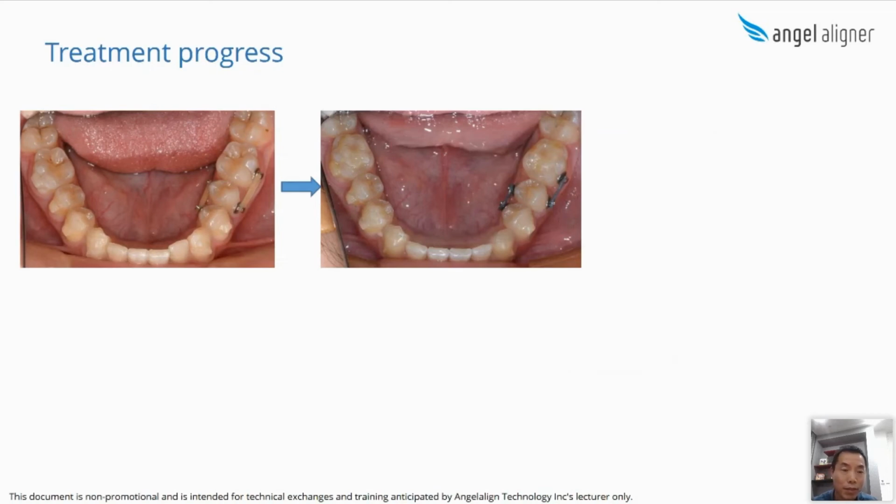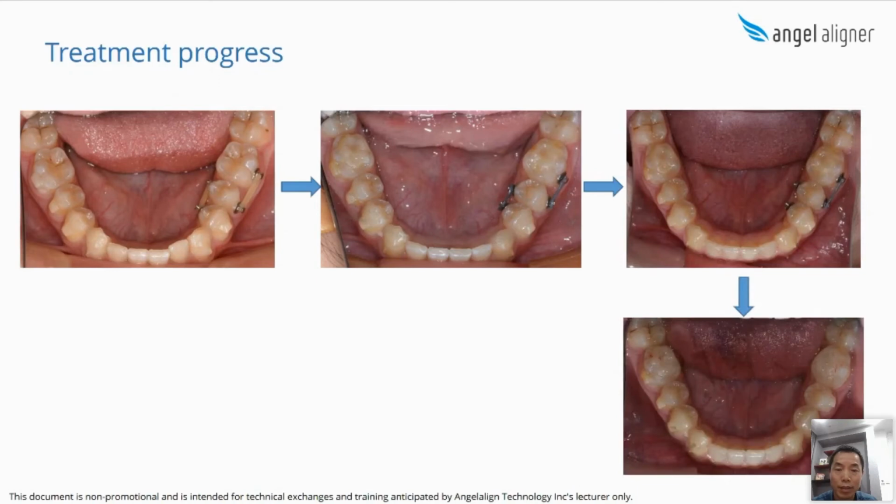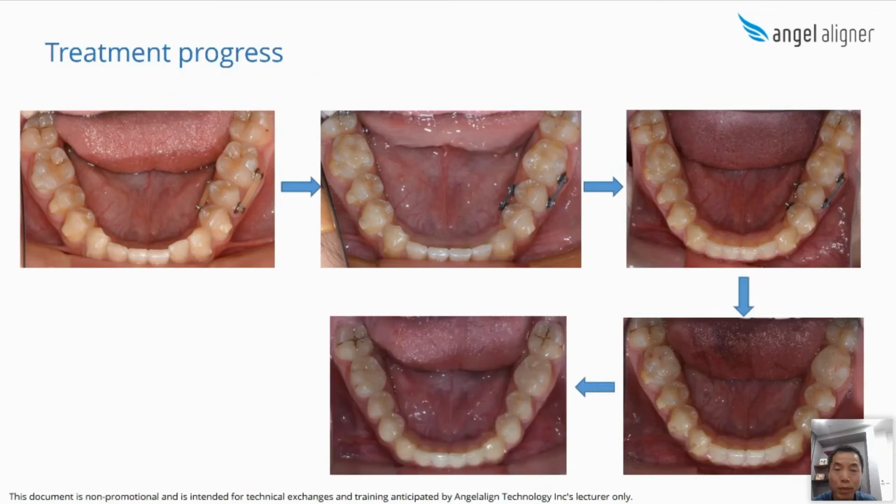This can be replaced by the patient. This has to be placed by the doctor. This is after treatment, after the rotation of the teeth, and you can see the attachment bonded. This is after treatment.